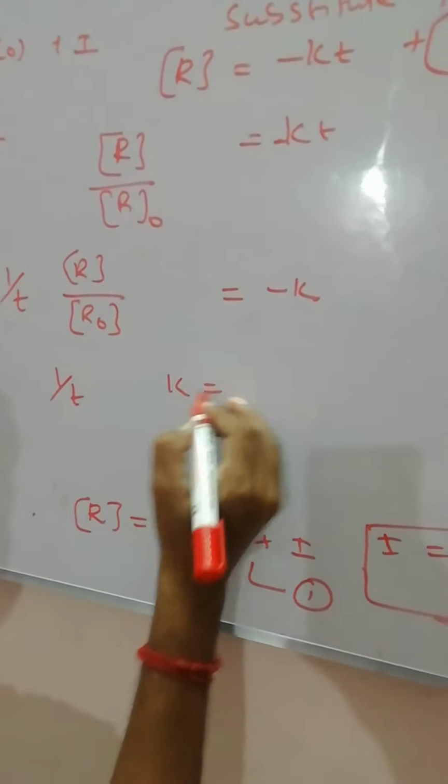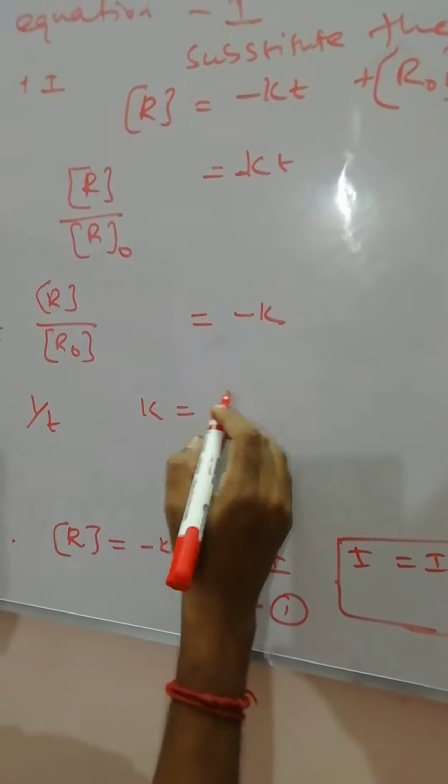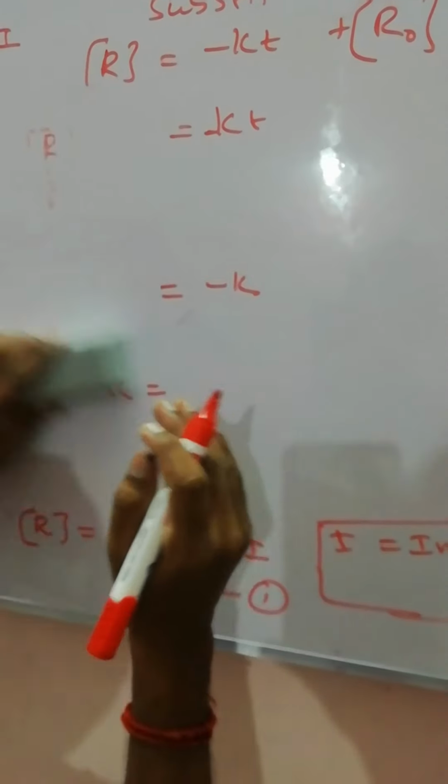So K is equal to, we can write in the simplest way, right?